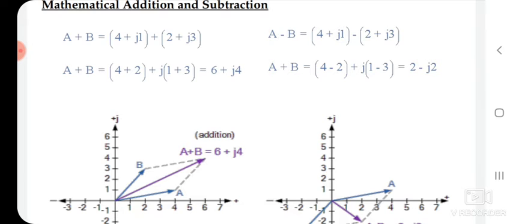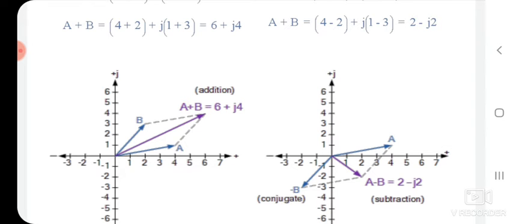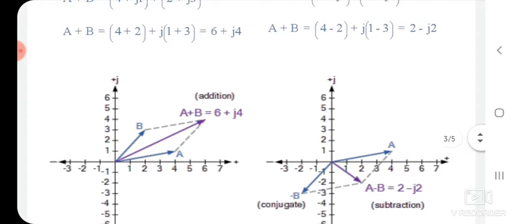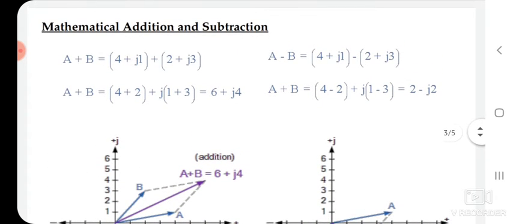The resultant of these two, a plus b, gives another complex number, 6 plus 4i, which can be represented with the help of this Argand diagram. Is there any doubt in this? How we can add two complex numbers by using an Argand diagram?